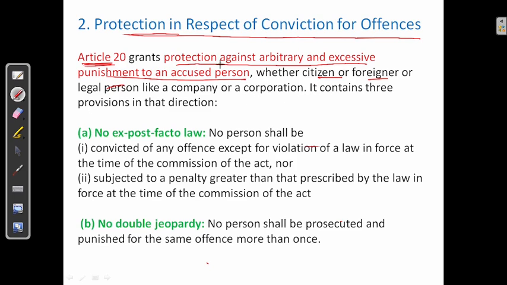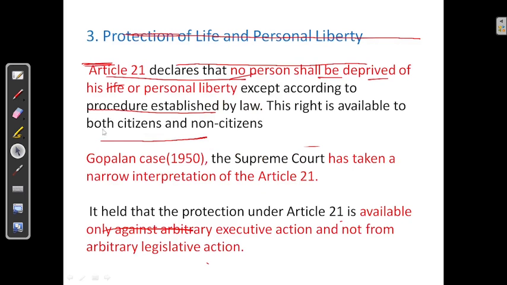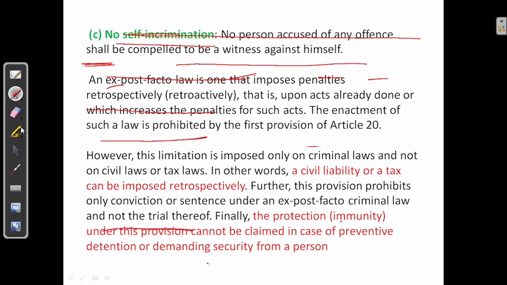It contains 3 provisions: no ex post facto law, no double jeopardy, no self-incrimination.